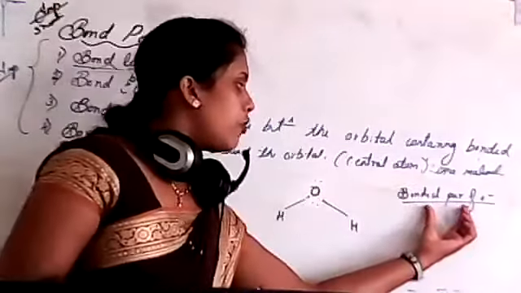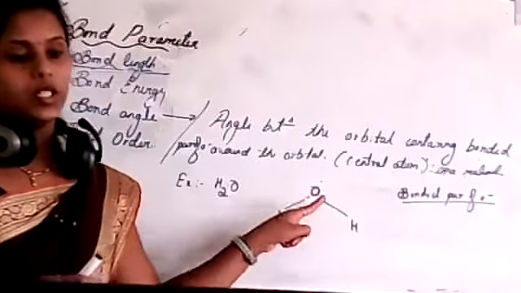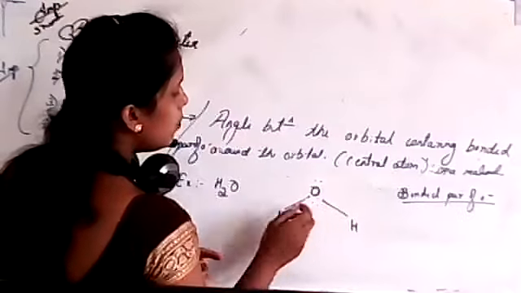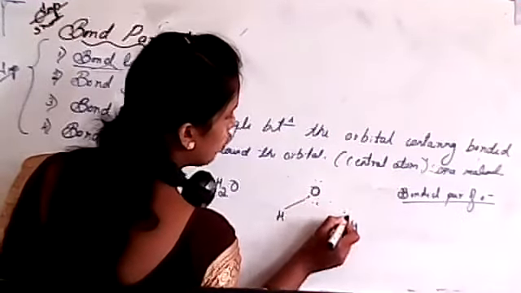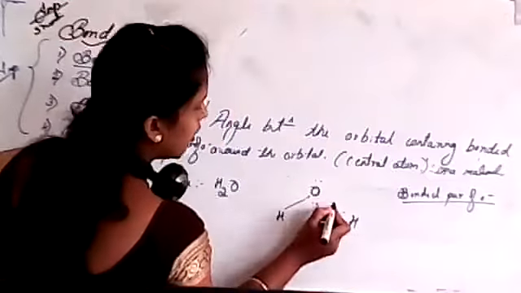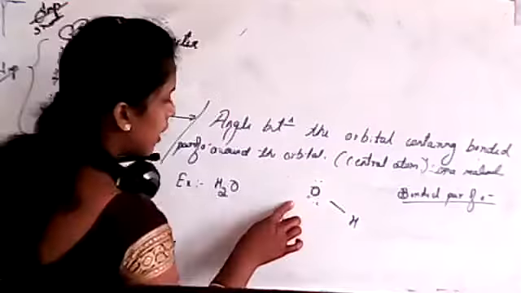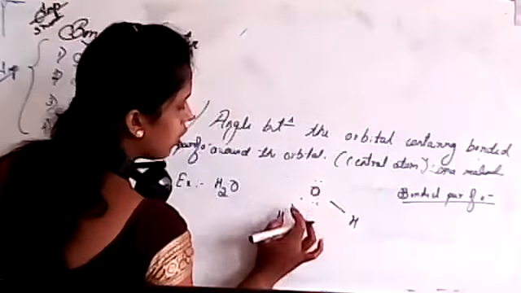Bonded pairs of electrons are pairs of electrons involved in bonding. Between oxygen and hydrogen there is one pair of electrons, which we represent with a single bond. Again, there is another pair between oxygen and hydrogen.